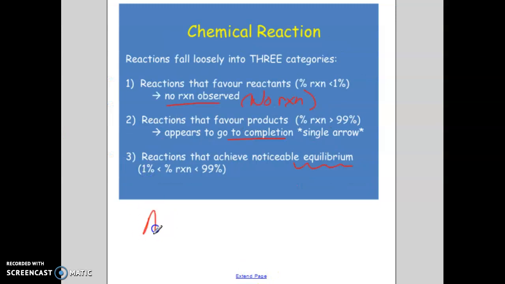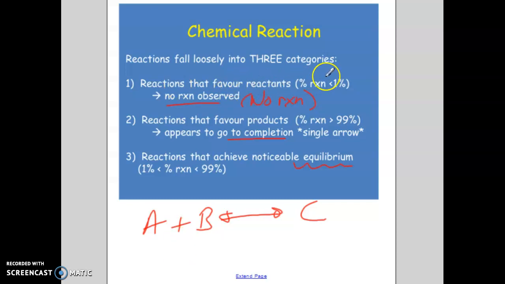Now, every reaction has the possibility of creating product and reactant once again, but it depends on how much of one or the other you make that will tell us what category we fall under.